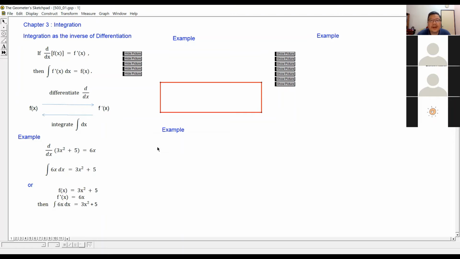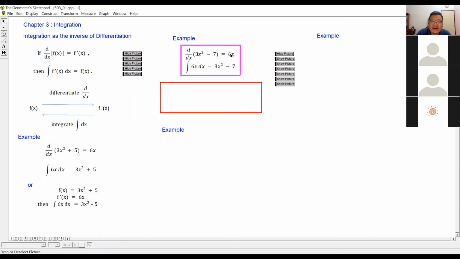Okay, so we look at another example on integration. Now, I want to differentiate 3x squared minus 7. It's the same, 6x. The negative 7, when you differentiate, you get 0, right? So that's why you get 6x.